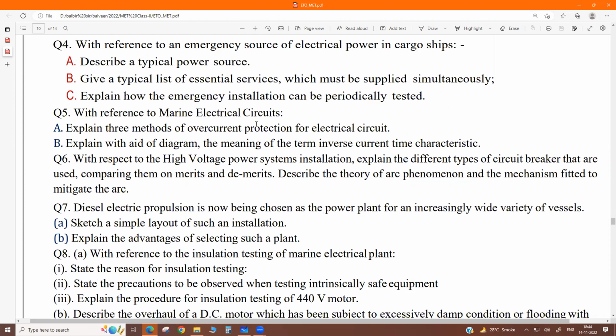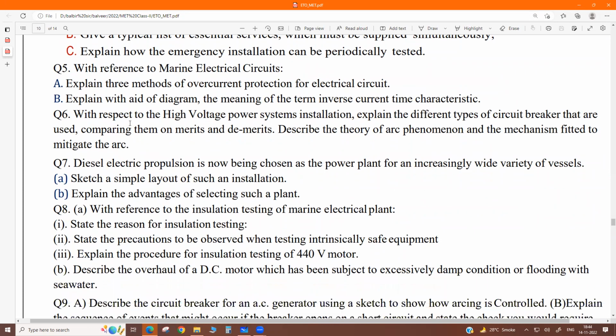With reference to the marine electrical, explain three methods of overcurrent protection. Meaning of terms inverse current time characteristics. Okay. With reference to high voltage system, explain different types of circuit breakers used on this. For high voltage, we use circuit breakers, VCB, and oil type we avoid on board. We use a vacuum circuit breaker, SF6. Okay, vacuum we are using.